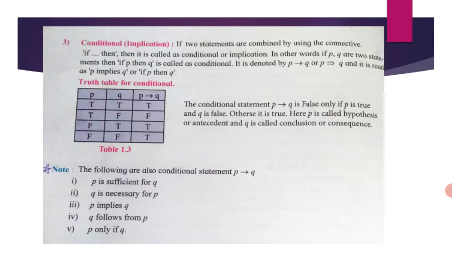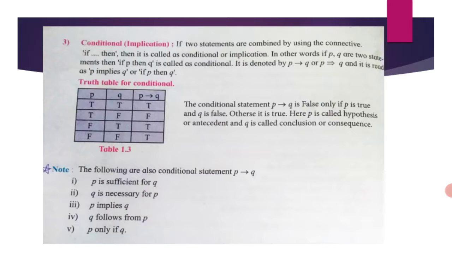Truth table for conditional. What we have to remember here is that the conditional statement P → Q is false only if P is true and Q is false.